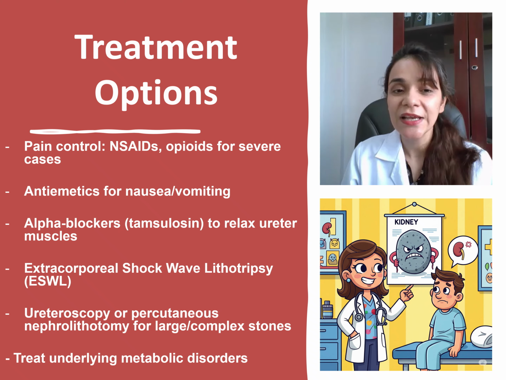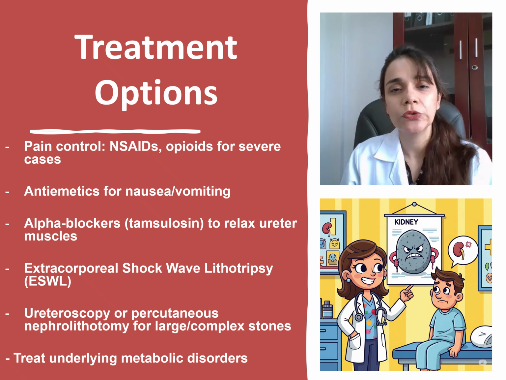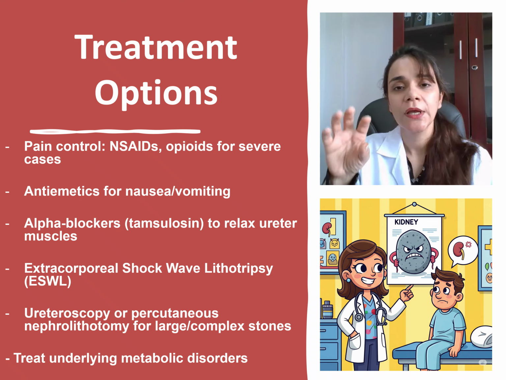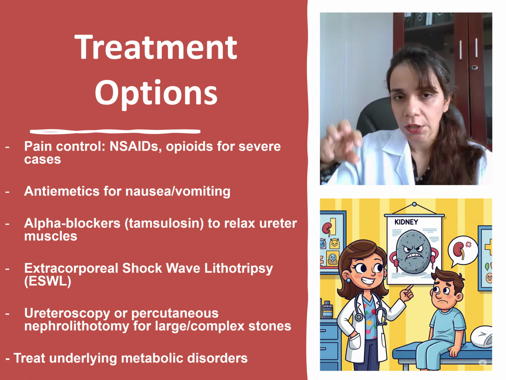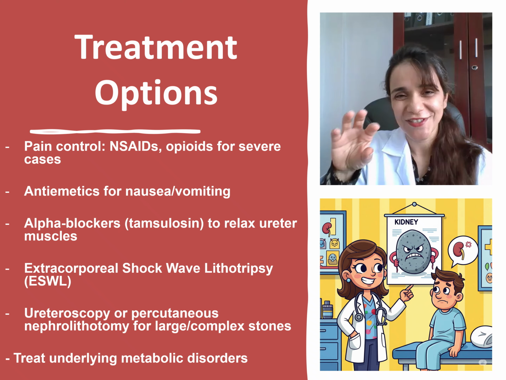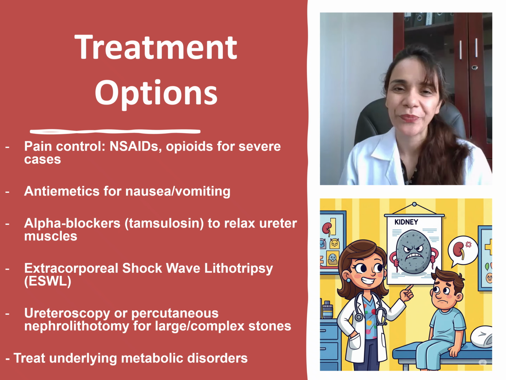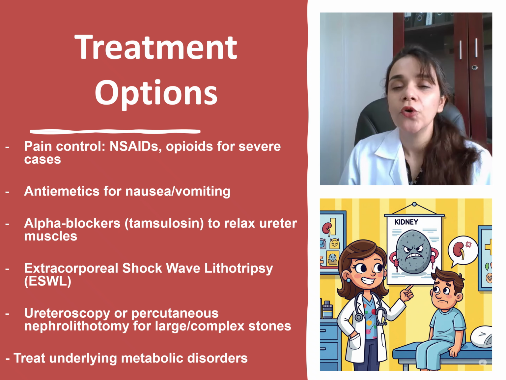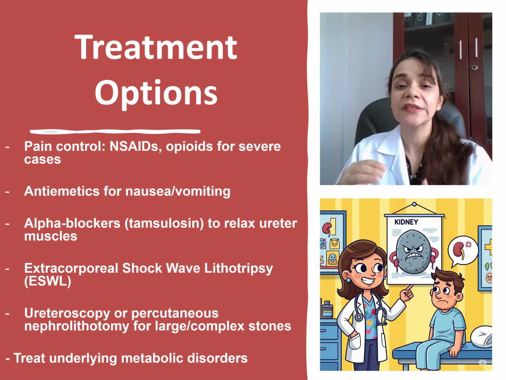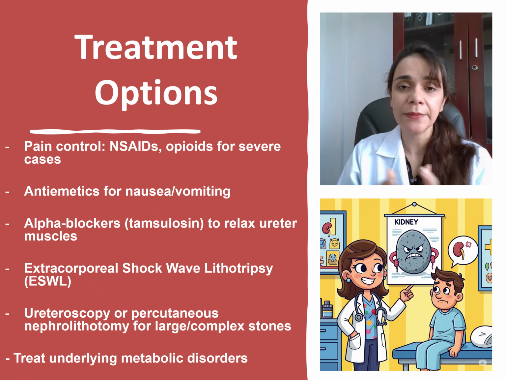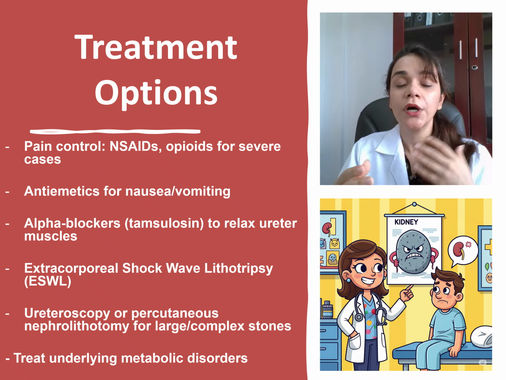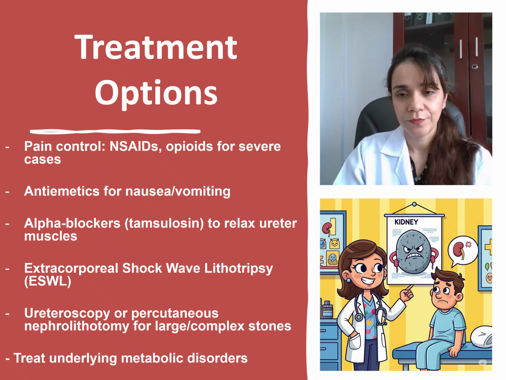One of them is extracorporeal shockwave lithotripsy, ESWL, which is mostly used for small to medium-sized stones located in a good part of the kidneys, not all parts. The other one is ureteroscopy for stones that cannot be broken with ESWL or are in difficult locations.